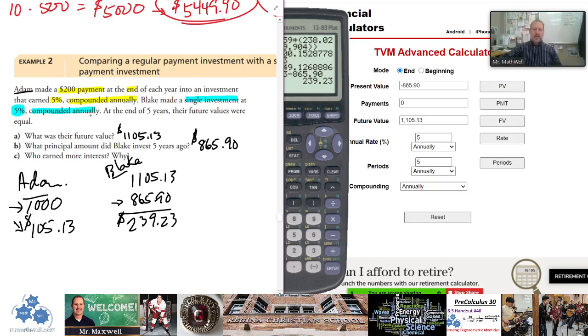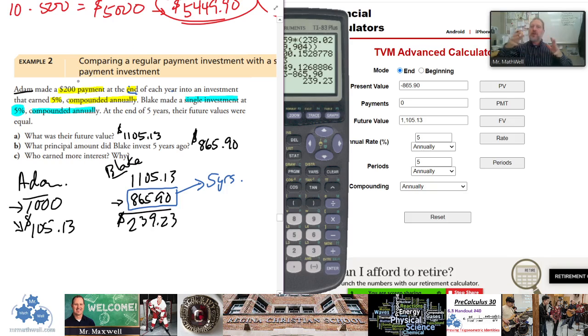Okay. Now, why? Well, what you want to look at here is Blake had this much money in for a full 5 years. For the first year, Adam had no money in, because he didn't make a payment till the end of the first year. So on his second year of earning interest, he only had $200 in there.